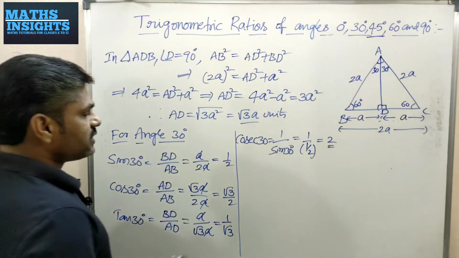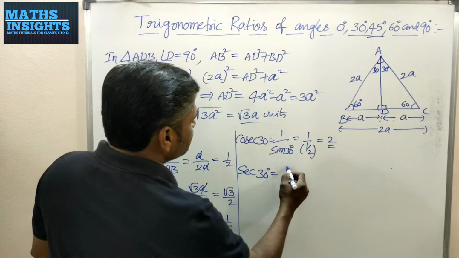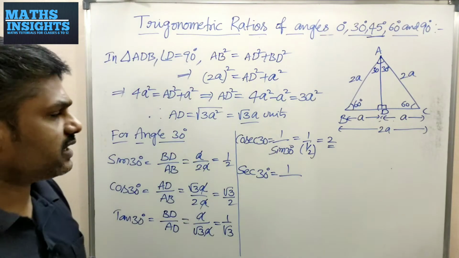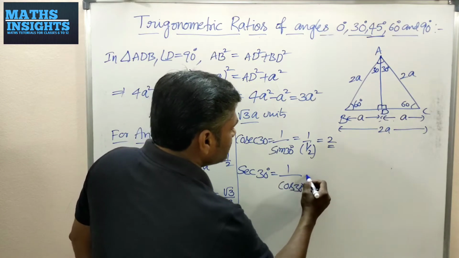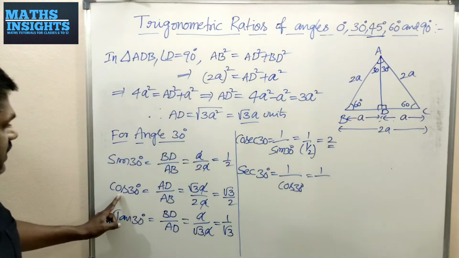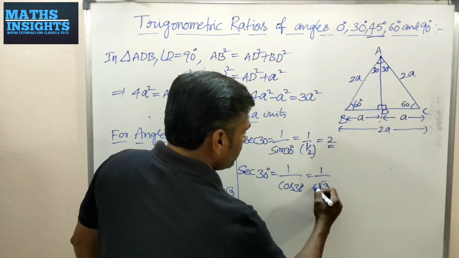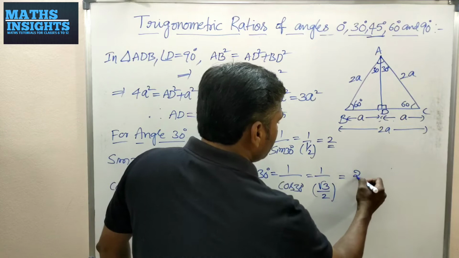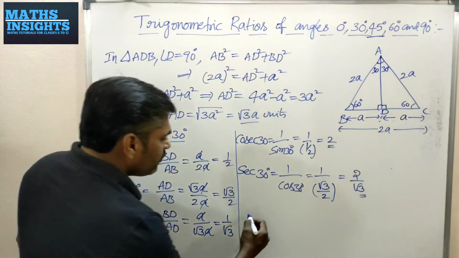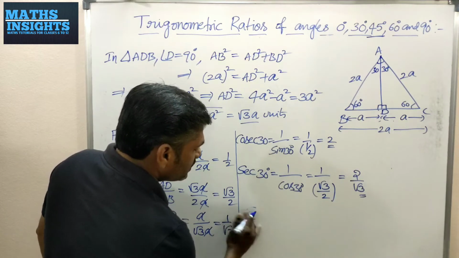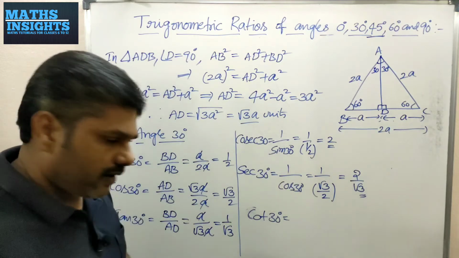Okay. Next, coming to secant 30. Secant 30 is nothing but reciprocal of cos 30. Cos 30 value, you calculated here, is root 3 by 2. Therefore, it will become 2 by root 3 as the value of secant 30. All of you know cot. Cot 30 is reciprocal of tan.